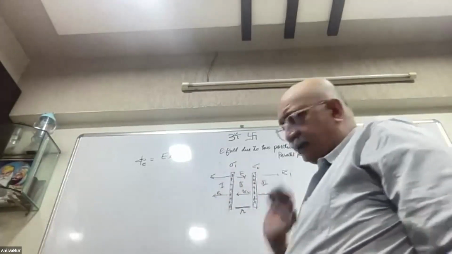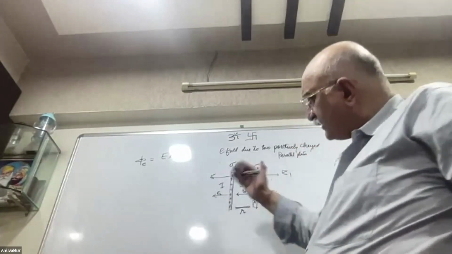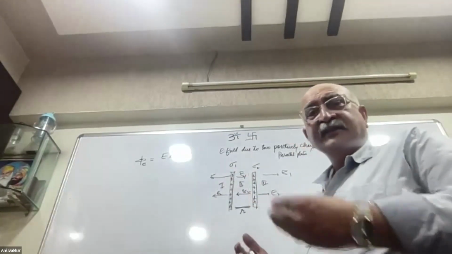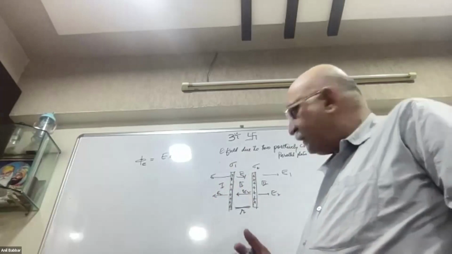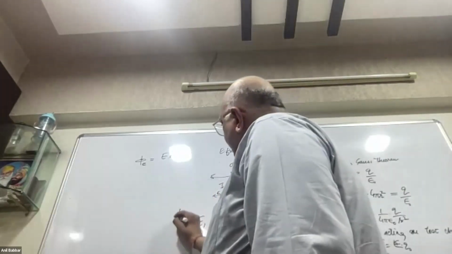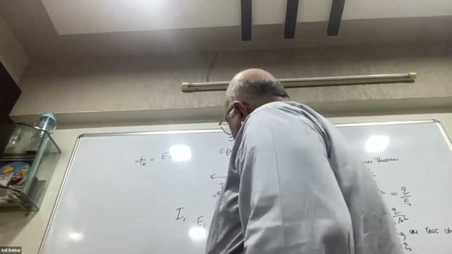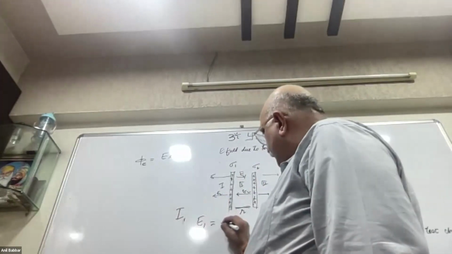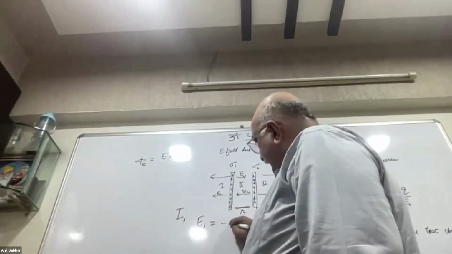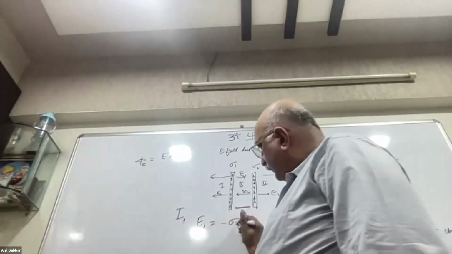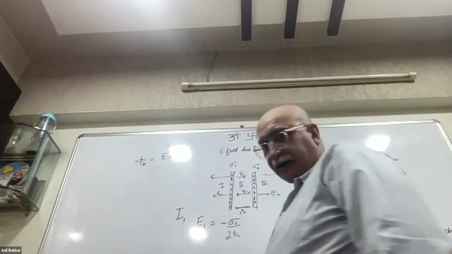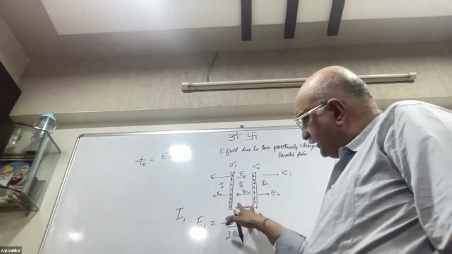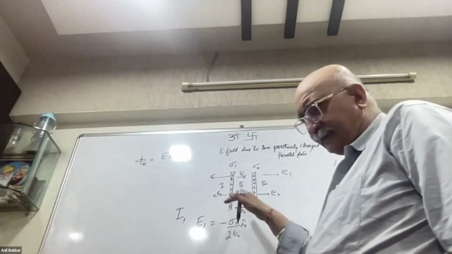Now, in region 1, what will happen? We have just calculated that the electric field due to a plane sheet is always sigma by 2 epsilon naught. So E1, for the first part, toward the left of the sheet, will be equal to, because it is moving toward the left side, let's place a negative sign, sigma 1 by 2 epsilon naught R cap. R cap is there because it shows the position of this sheet relative to this, with distance R between them.